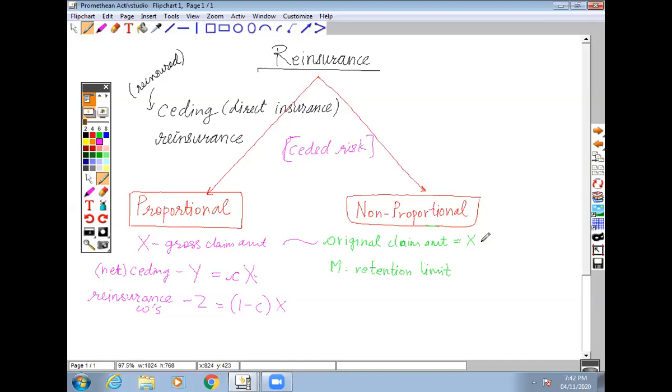The reinsurance company won't even know that such a claim happened, because of what they write in their books. You have to take into consideration that whenever a claim is incurred, the person claiming will only claim with respect to the direct insurance company, and not with the reinsurance company.